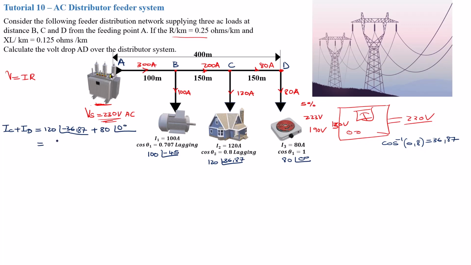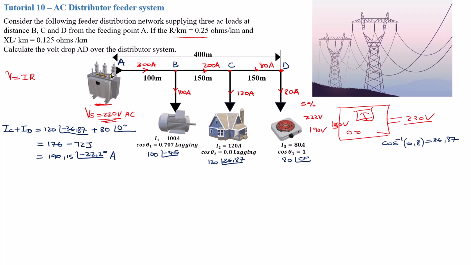This is going to give you 176 minus 72j. If you convert this back to polar form, it's going to give you a value of 190.15 with an angle of negative 22.2 degrees amp. So this is the sum of these two currents.